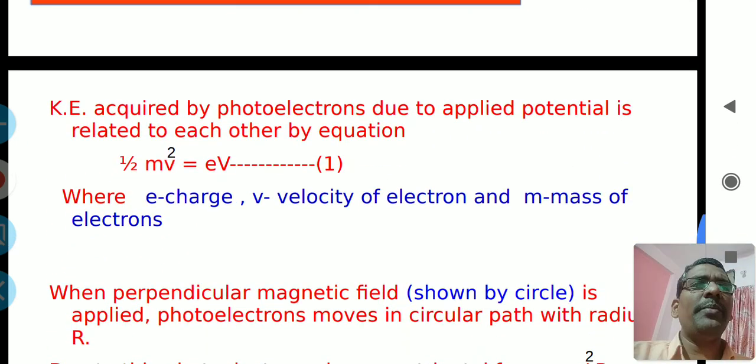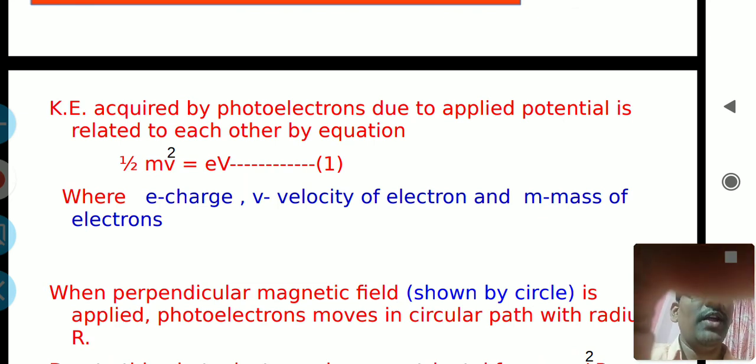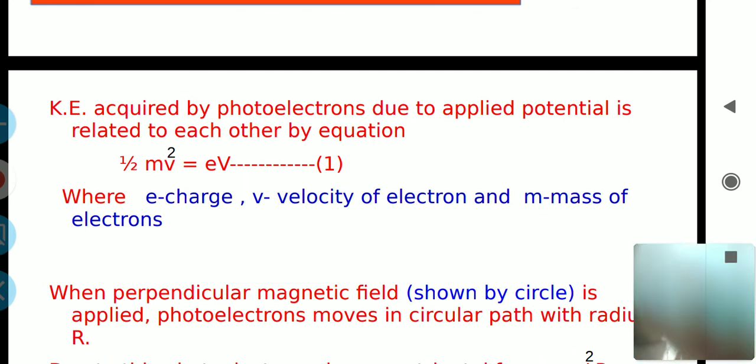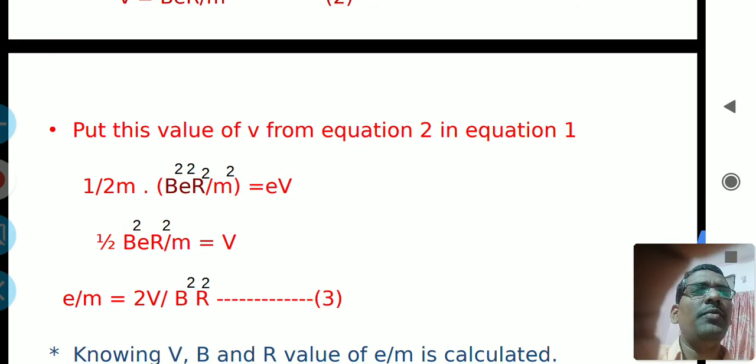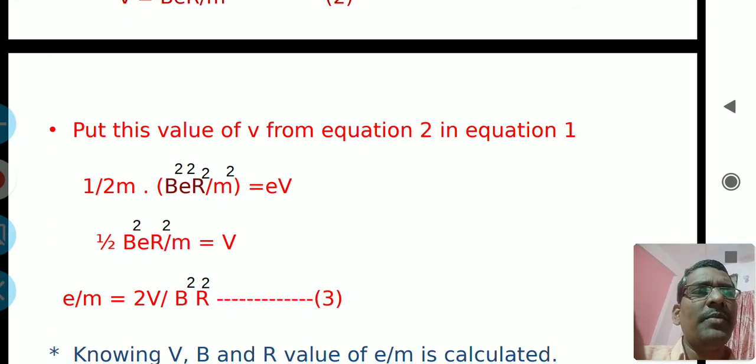Equation 1 is half mv square is equal to eV. So put the value of small v, which we have found, in equation number 1. Half m is as it is, but the velocity of the photoelectrons is equal to BeR by m.